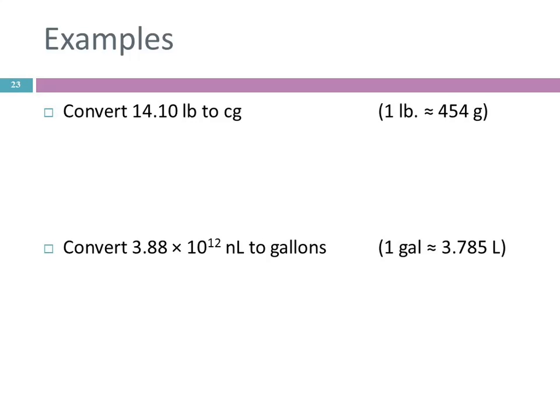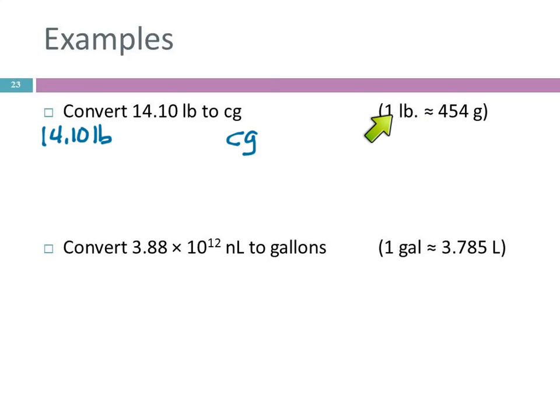A couple more examples. Convert 14.10 pounds to centigrams. So centigram is what we're going for, and 14.10 pounds is what we have. Now we're being given a little bit of help here.